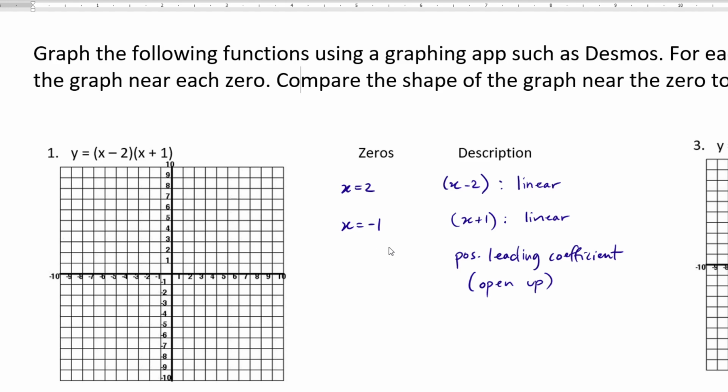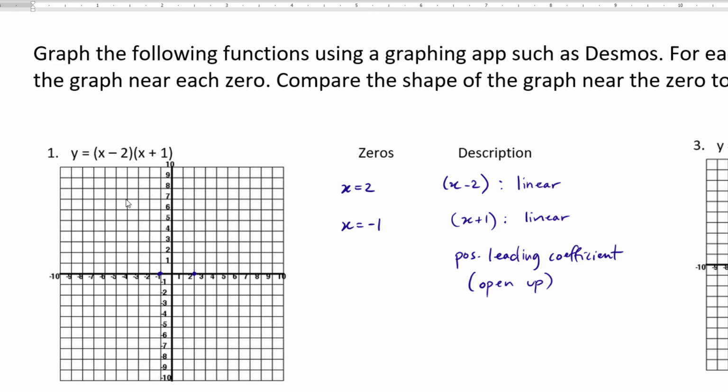Okay, so what I'll do is I will just plot these right here. So I've got an x-intercept here, and I have an x-intercept over here at negative 1. Okay, and then I can see that this is going to be a quadratic, right? And it's going to be opening up.